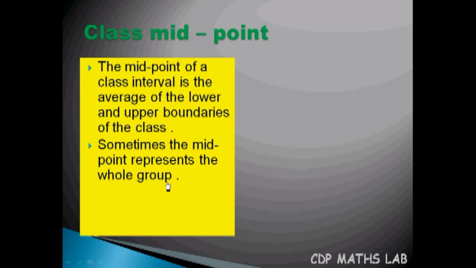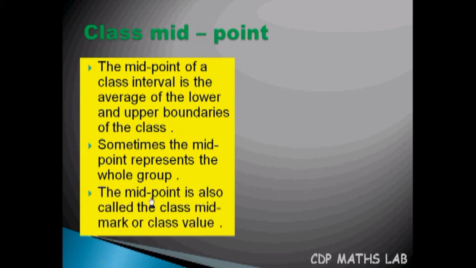What I mean is, instead of writing the class interval, you just write the what? Midpoint. The midpoint is also called the class midmark or class value. So once again, the midpoint of a class interval is the average of the lower and upper boundaries of the class.